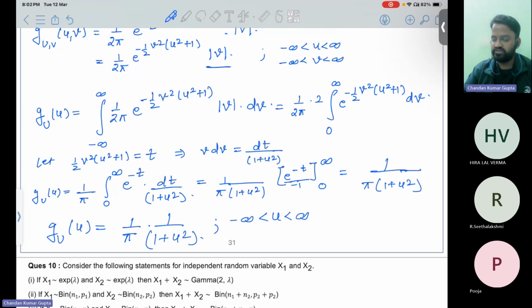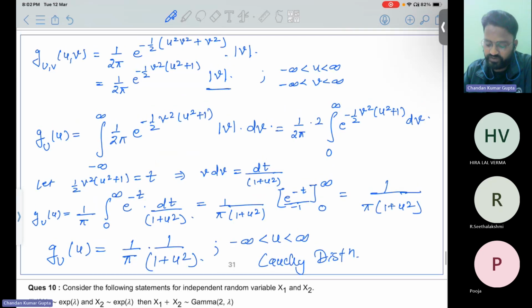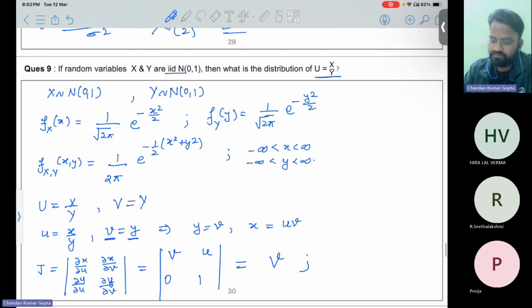This is nothing but the Cauchy distribution, the standard Cauchy distribution with parameters 1 and 0. So we have calculated the PDF of x by y when x and y are IID normal 0, 1.